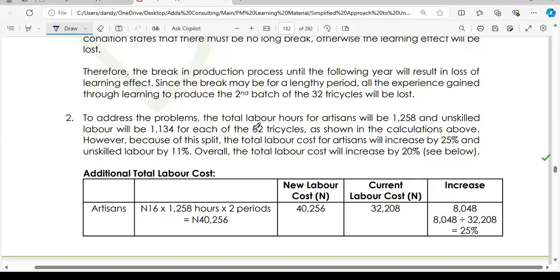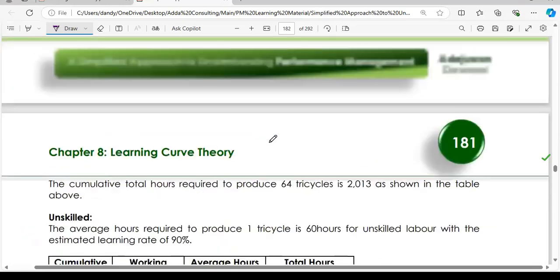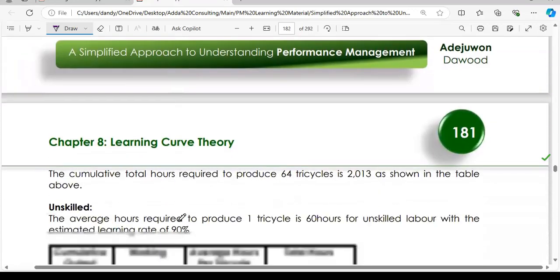To address the problem, the total labor hours for artisan will be 1,258. We have computed 1,258 previously. Let's go back to our table for 32. Yes, this is the 32. Let me remove this so that it will be clearer. Now, this is the 32 here. If you produce 32 tricycle now, the total hours is 1,258 for artisan.